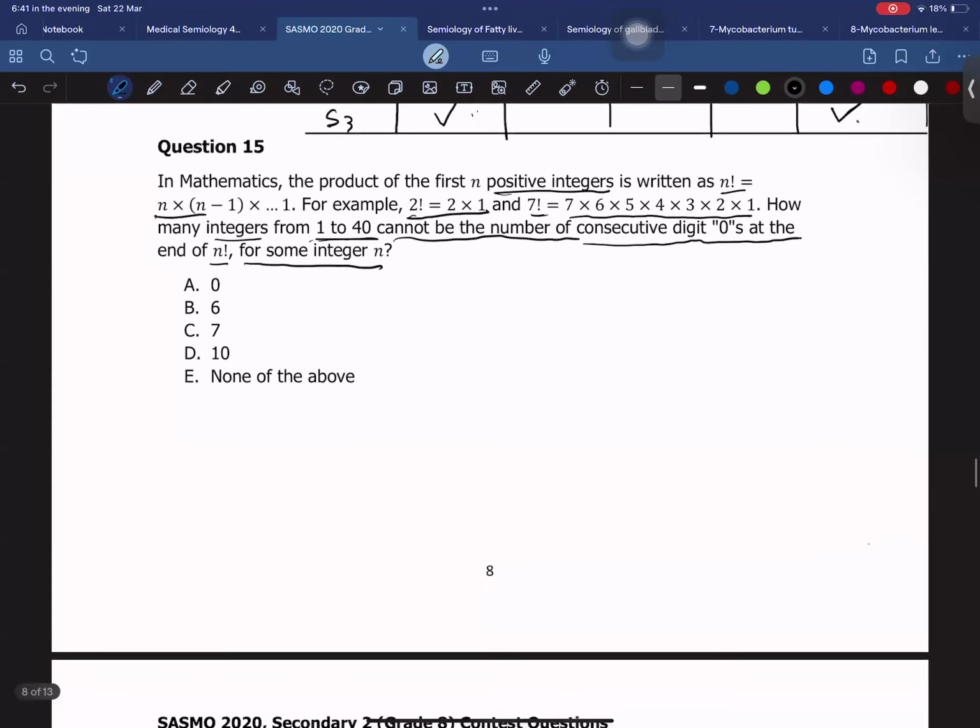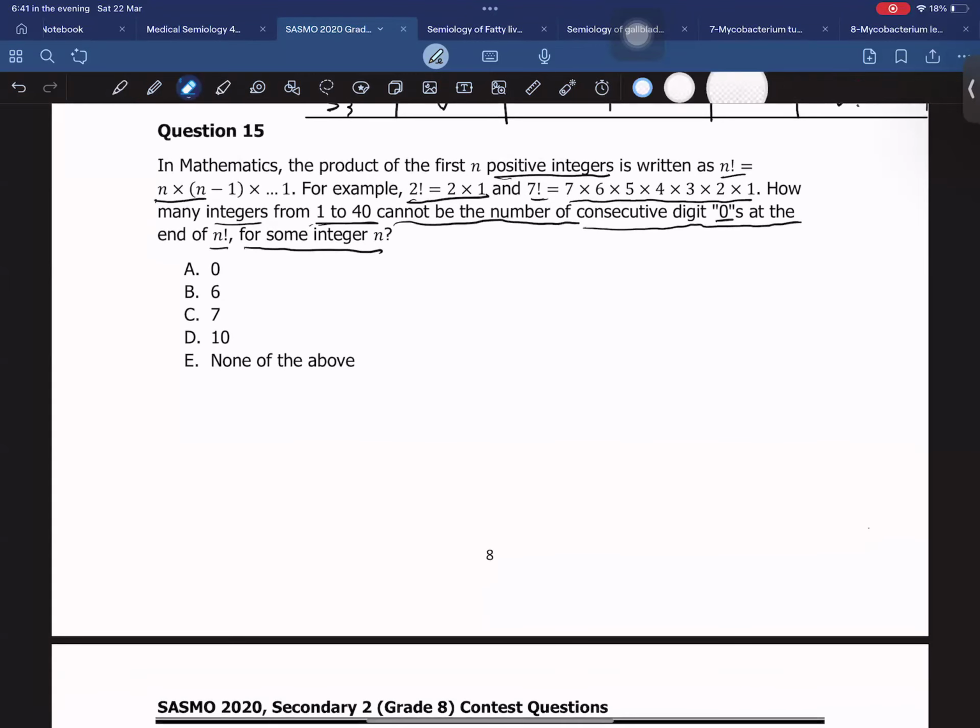So in order to find a 0 digit, we need to find the number of 5s. Why? For example, if we have 5 factorial, which is equal to 120, I have already multiplied it for you earlier.